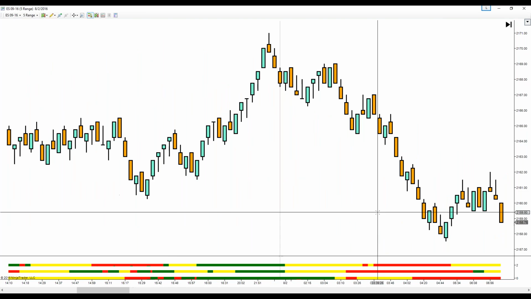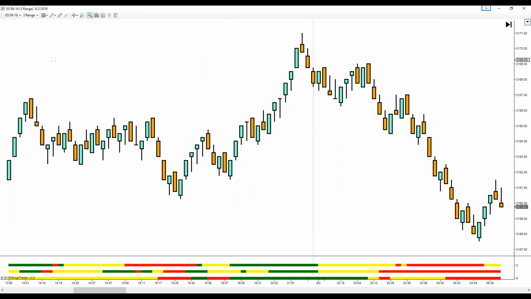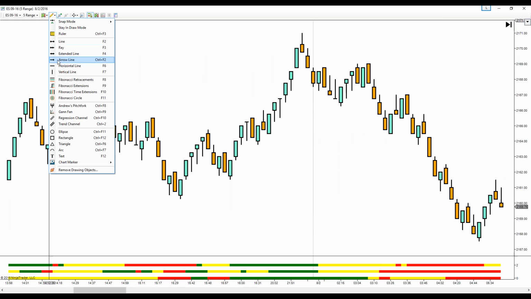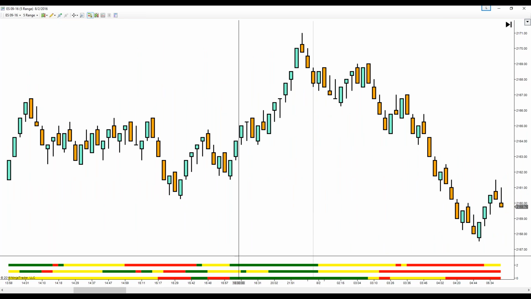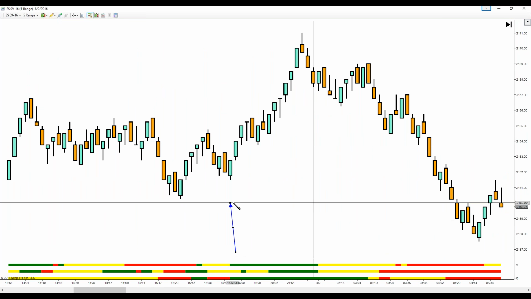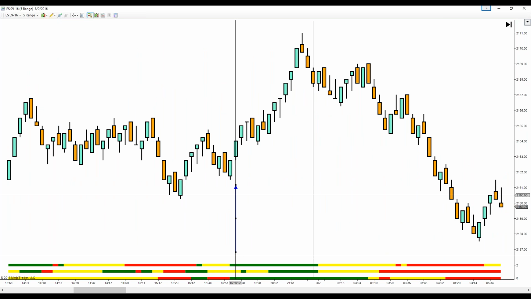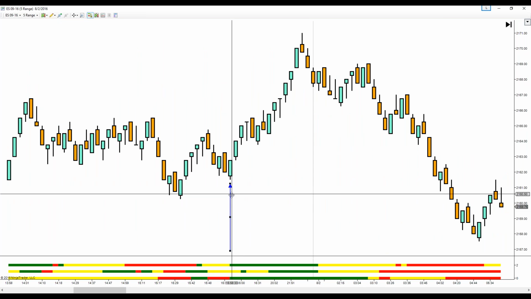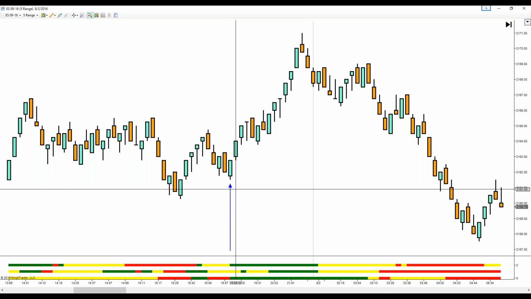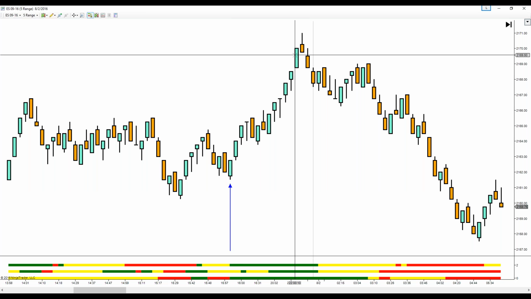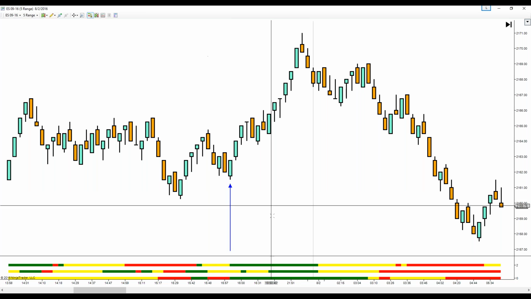I could spend the whole day going through it, but it's very difficult for the E-mini to go long without its correlative markets moving long as well, that are supposed to go up, and the correlative markets that are supposed to go down.